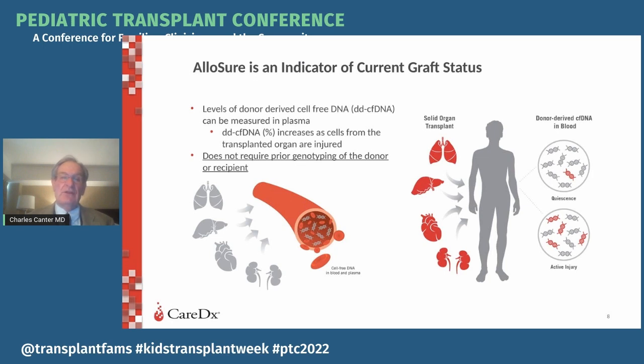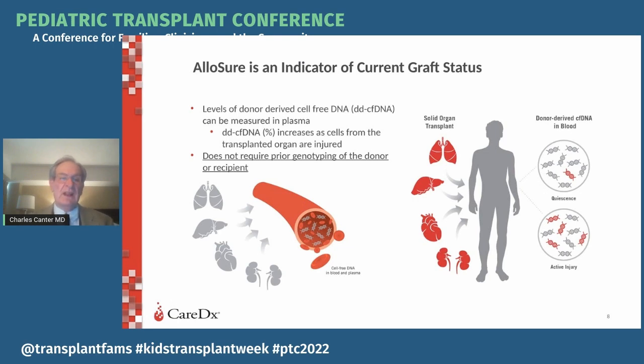And again, AlloSure has been studied in hearts, kidneys, and lungs, and the results are fairly consistent across all organ systems, showing that as rejection occurs, the percentage of donor DNA goes up as a proportion of the total cell-free DNA in the bloodstream.